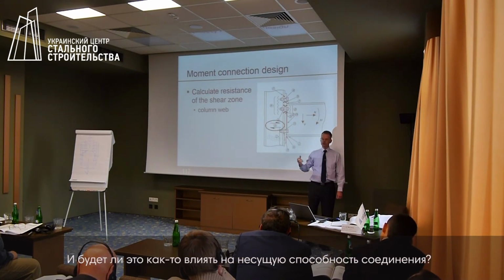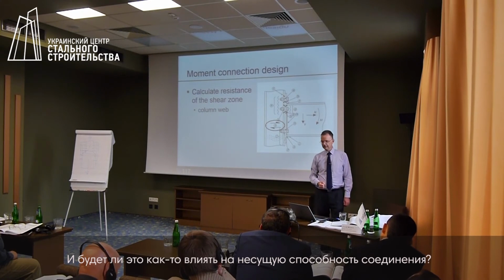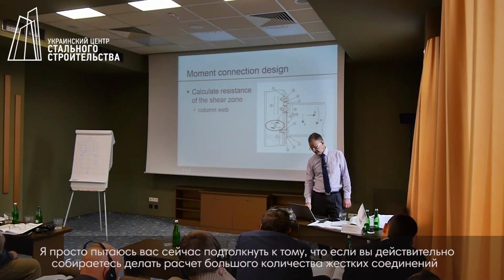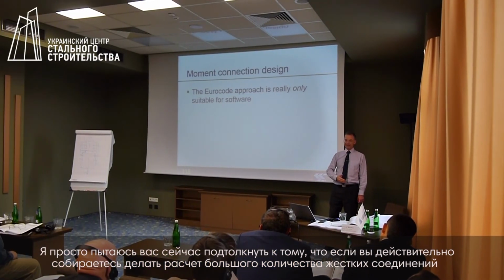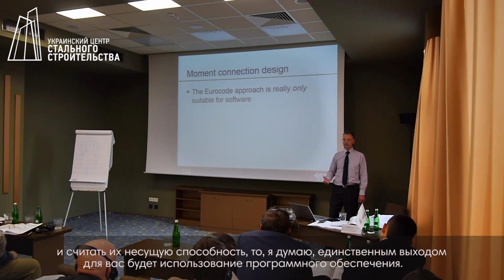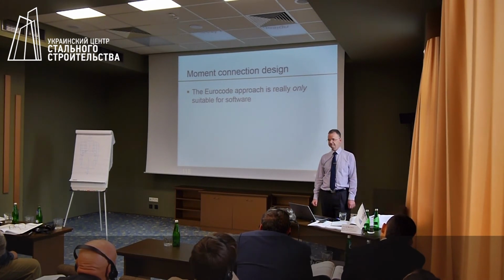And will that limit the resistance of the connection? So really, I'm trying to encourage you to observe that if you are going to do many connections that resist moment, I believe that software really is the only realistic way forward.